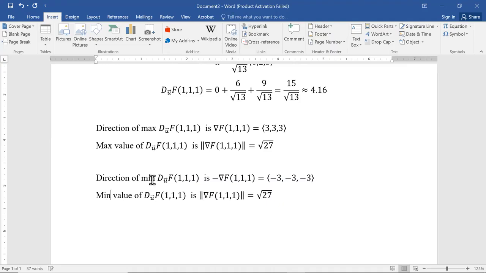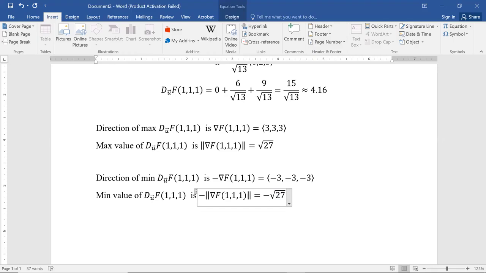And the minimum value we can get is the negative of the magnitude, which would be negative square root of 27. And that's negative about 5.20.